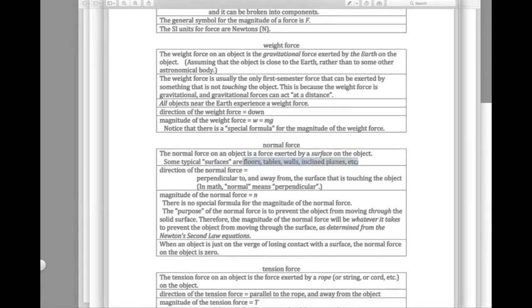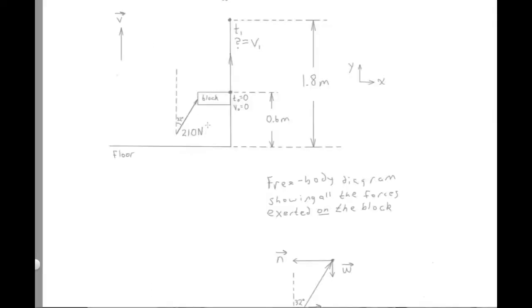These are the types of things we would say exert a normal force. But in general, I hope that by doing these problems, you'll get an intuitive feel for the types of things that we treat as surfaces that exert normal forces in these types of introductory physics problems.